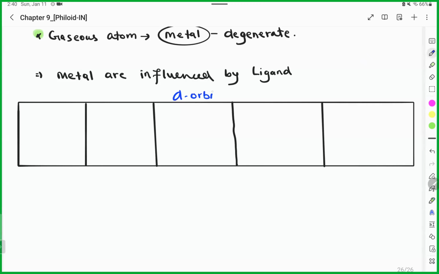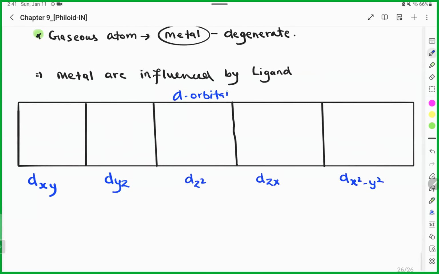Each d orbital has a name. For example, the first d orbital is dxy, the second is dyz, and the third is dzx. They look almost similar to each other; just the axes are different. But in the middle you always write dz square, then dzx, dx square minus y square.